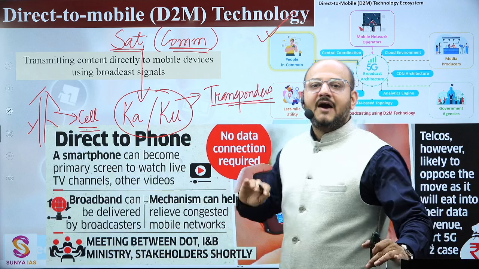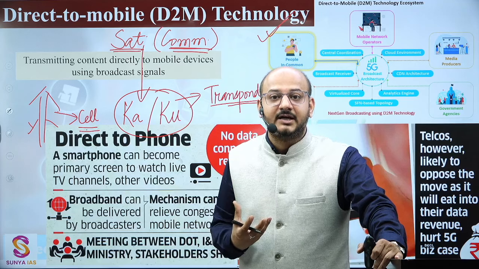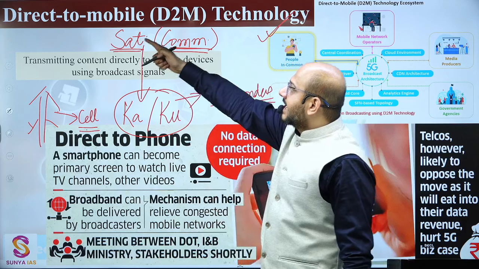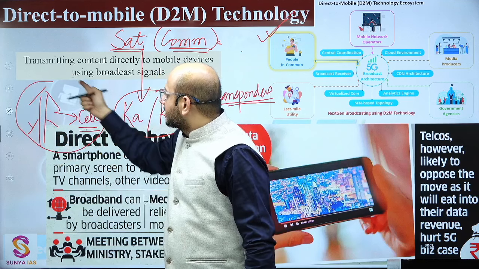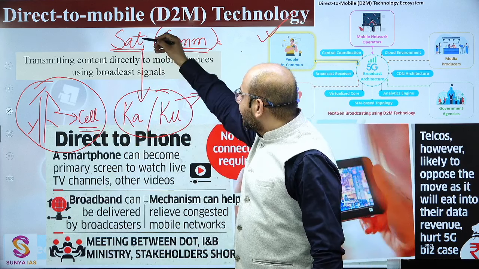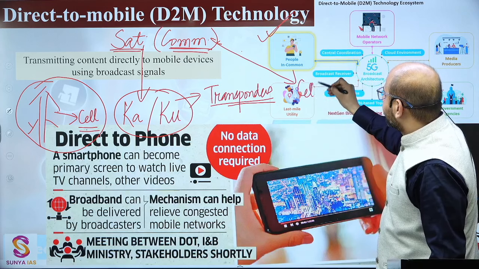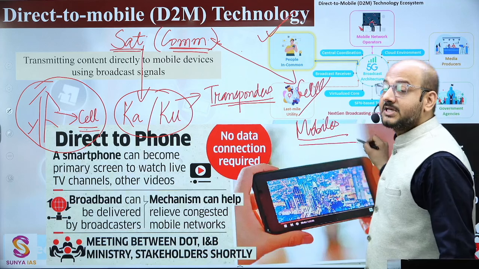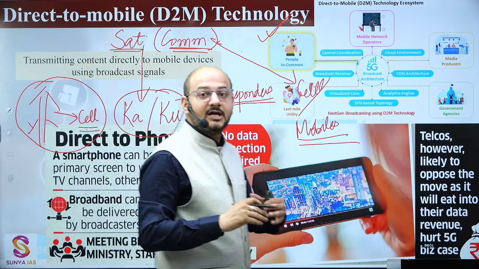What you have to do is compare and contrast the traditional method, the method that is in vogue right now, and what this emerging technology presents to us. So this is direct to mobile. From the satellite, we do not need any more telcos, telecommunication towers, and directly from the satellite, the internet will be provided to the cell phones or mobiles. जिसकी वजह से सबसे ज्यादा नुकसान किसको होगा? 5G नेटवर्क को, सेलुलर नेटवर्क्स को, इनको बहुत ज्यादा लॉस होगा.